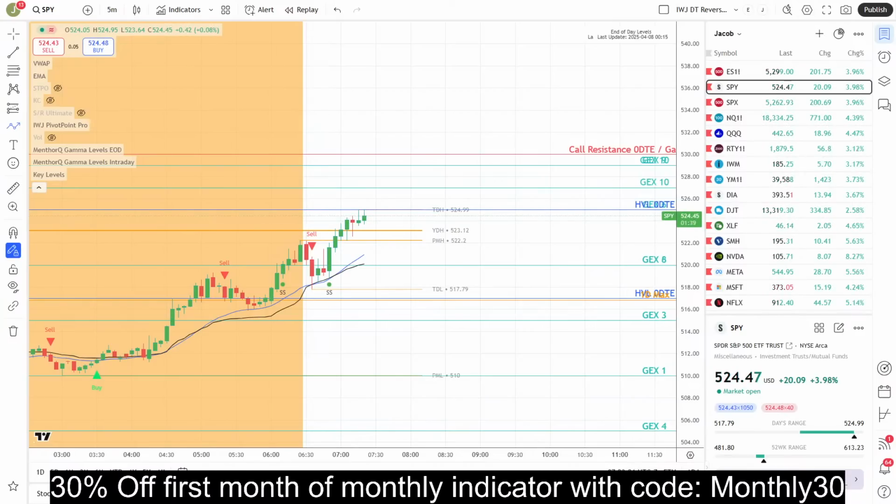I base all of my trade sizing on percentage. My account's different than this, but the basis that I use is a 100K account. You trade 1 to 5% depending on your risk tolerance. 5% would be more of a full size position, whereas 3% would be a mid-size position, and 1% would be a cautious position. 3% of a $100,000 account is about $3,000, which on most days can get you about 25 contracts.